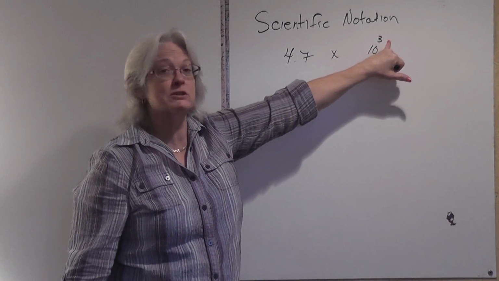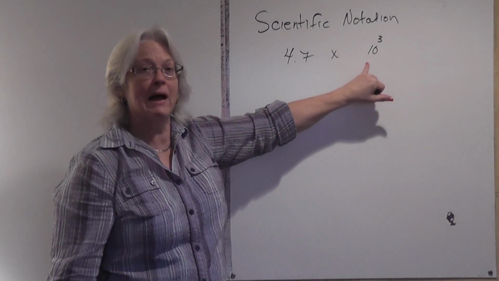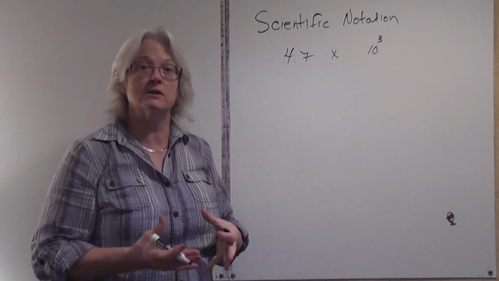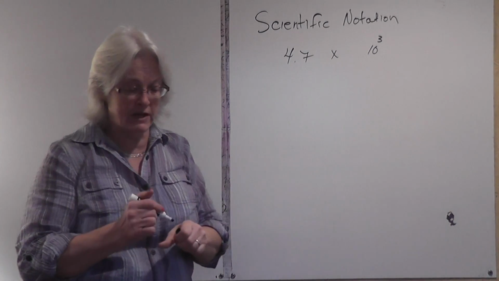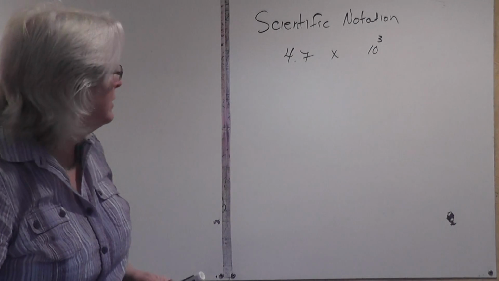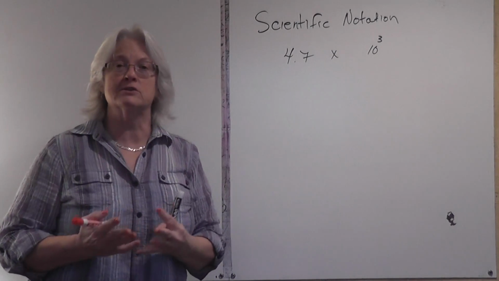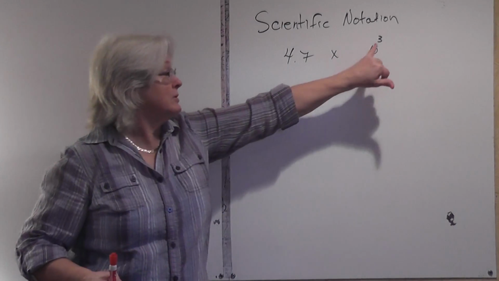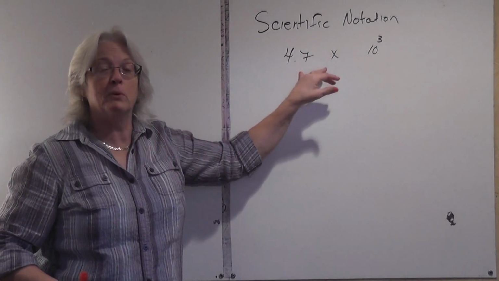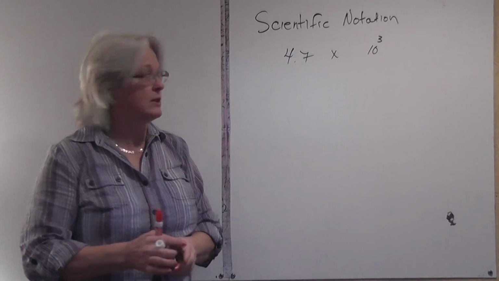The exponent in the power of 10 tells us how many places we move the decimal point to the right or to the left.